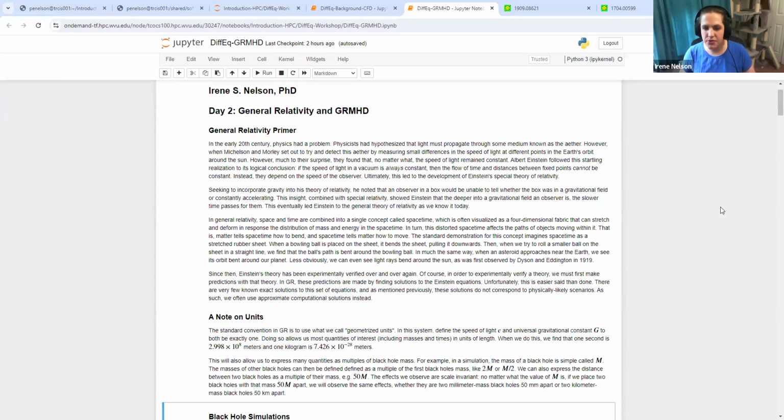There are very few known exact solutions to this set of equations. And as I also mentioned yesterday, these solutions rarely correspond to physically likely or interesting scenarios. So we turn to computational methods to try and solve these equations approximately instead.